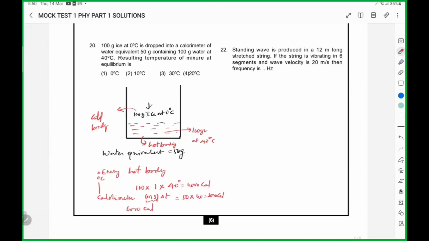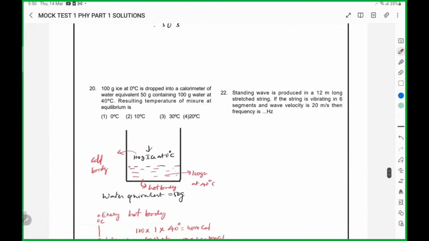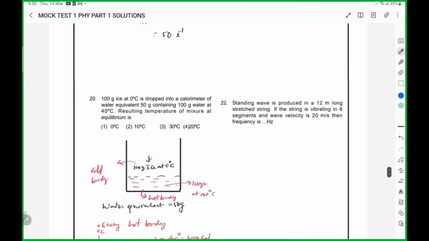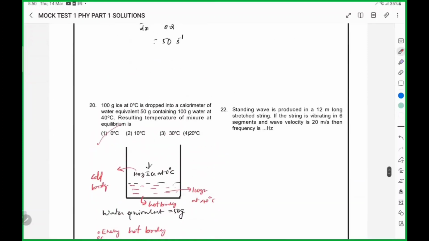Total 6,000 calories. But to convert 100 grams of ice to water at 0 degree centigrade, we require 8,000 calories, but we have only 6,000 calories available. Total ice cannot be melted. So the resultant temperature will be 0 degree centigrade.